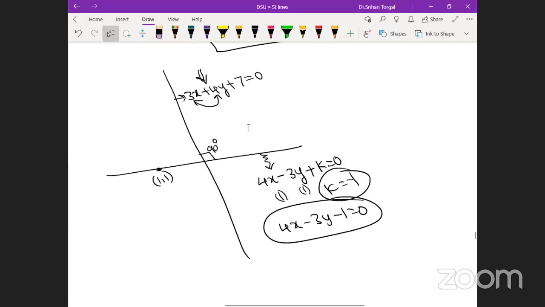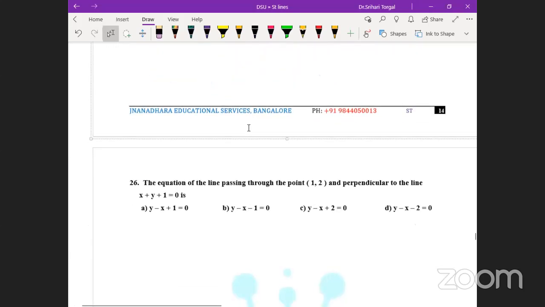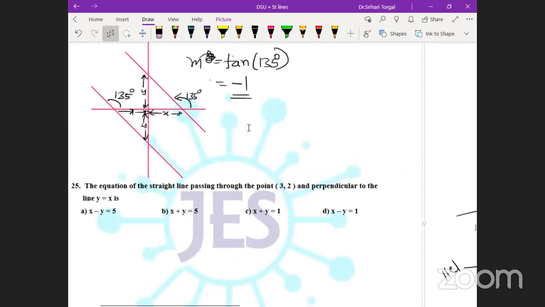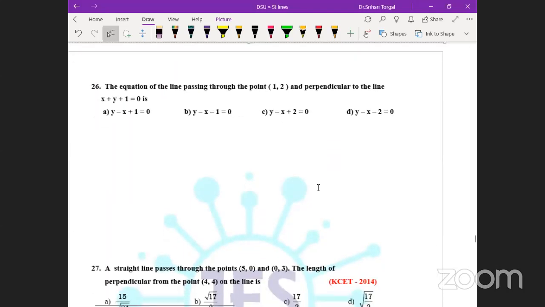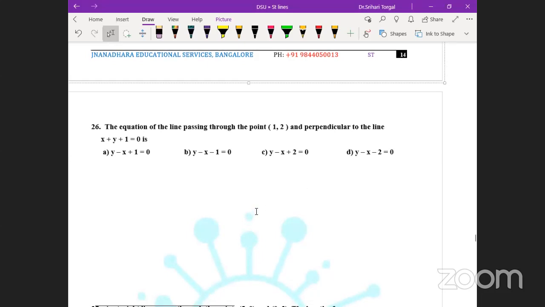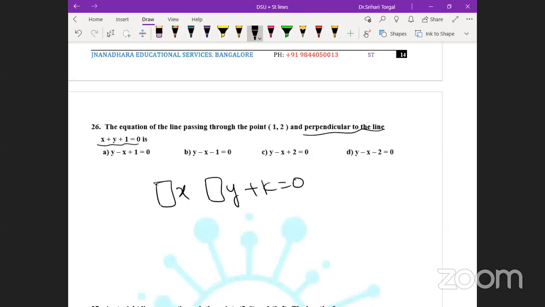Okay. Now I tell you the problems which appeared in the examination. Yes, first let's do this problem. Perpendicular to the line x + y + 1 = 0. When they write x + y + 1, you leave the coefficients interchanged, write plus k, since it is perpendicular, and change the sign. What is the point given? (1,2).